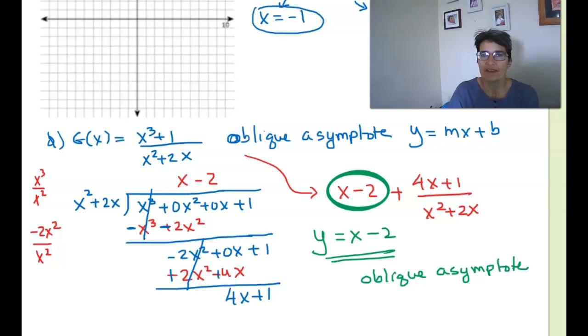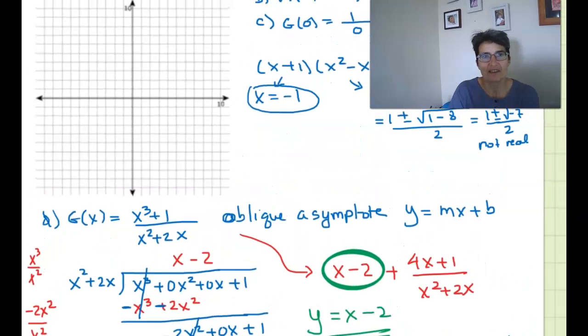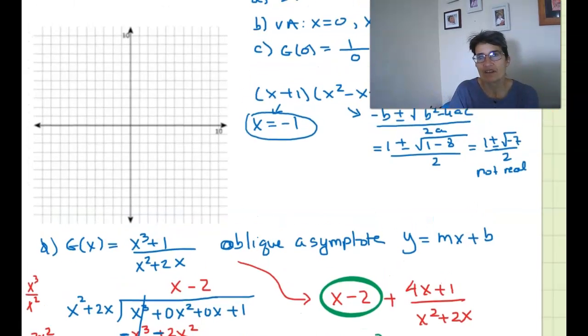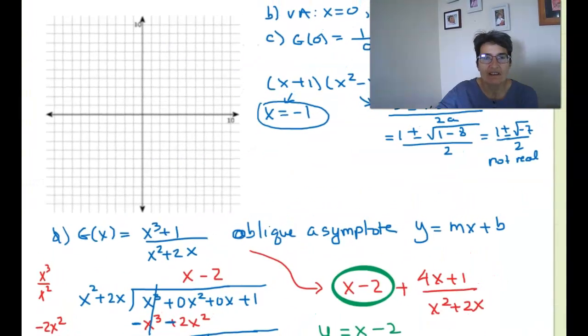Alright. Okay. So let's build our scaffolding now. We're going to put the vertical asymptotes on here and the oblique asymptote to see what our regions of space look like. So we found that our vertical asymptotes are 0 and -2. So let's put those on there.